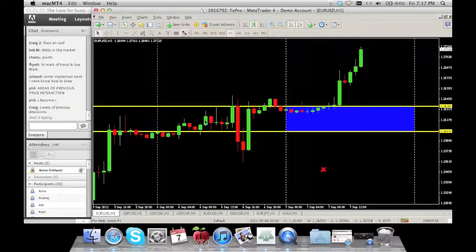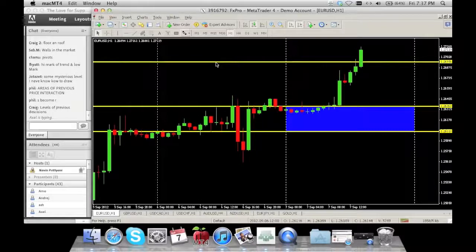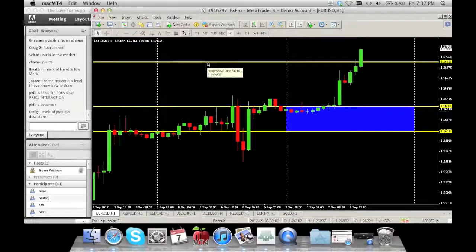Basically, a support or resistance can do three things. When a market reaches a support or resistance level, it can either push back, it can reverse from it, or it can halt at that area.